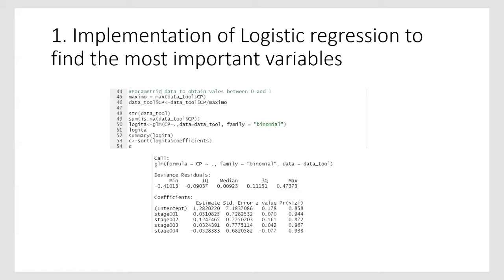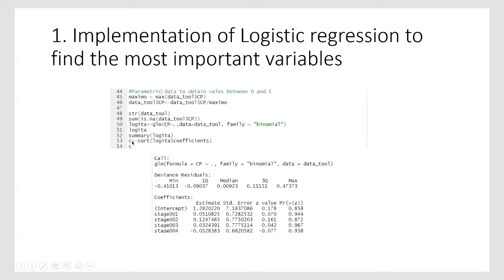Line 50 is the logistic regression. We use the CP as the response variable, and all the data and all the stages as the independent variables. We choose the binomial family. Then we got the logistic regression.